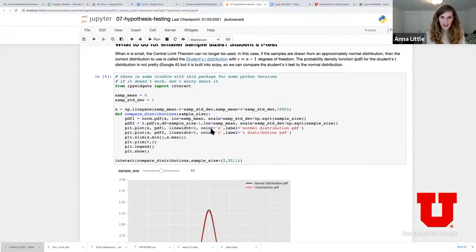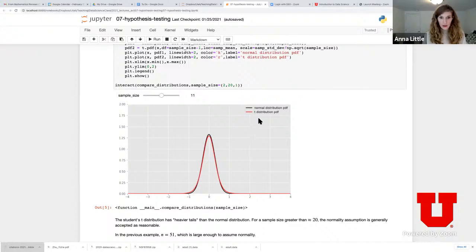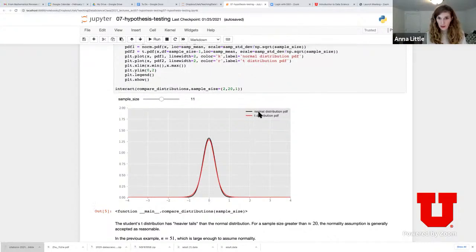And here you can see an interactive plot illustrating how the t-distribution compares to the normal distribution. The normal distribution is black, the t-distribution is red, and you see even for a sample size of 11, they're pretty close, but the t-distribution has a little bit heavier tails. And if I increase this even more, you can see that the agreement gets even stronger.